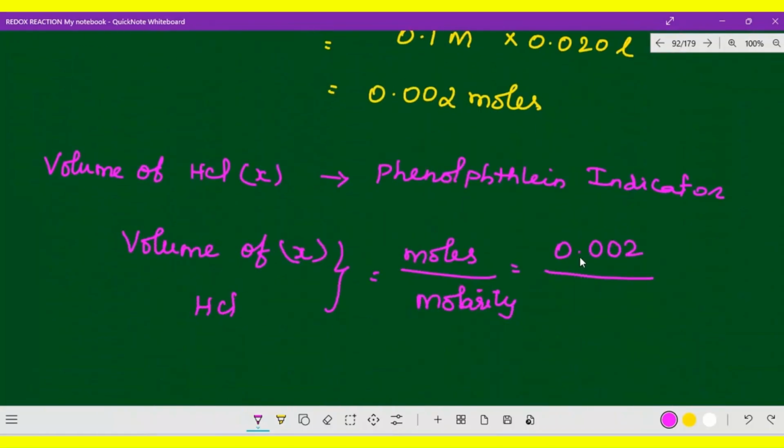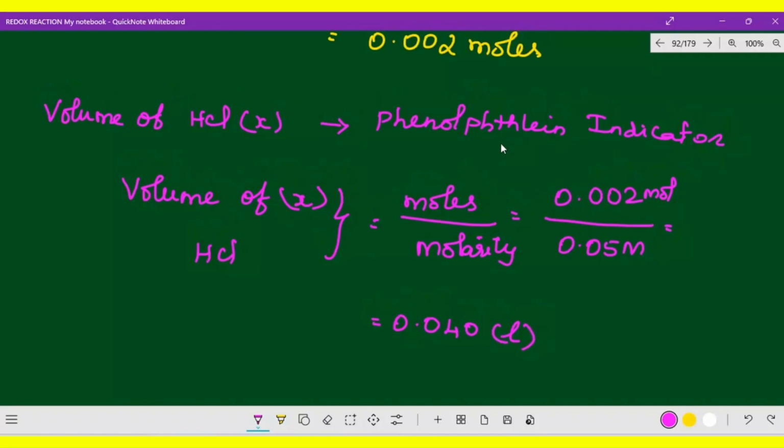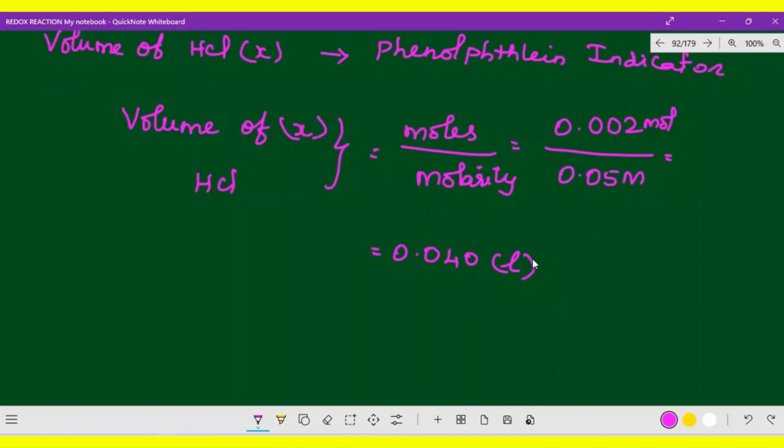Okay, now here let us apply 0.05 M HCl, and this is moles. So you will get the volume of that HCl of X. You will get 0.040 liter, right? Because here moles we converted into liter, so here we can mention liter only.